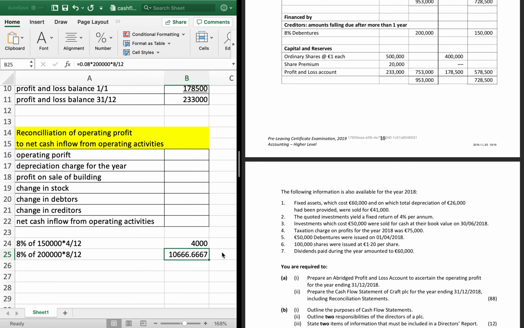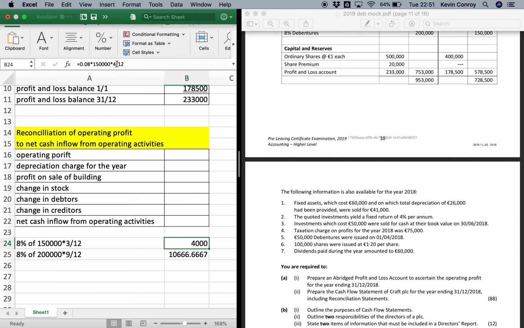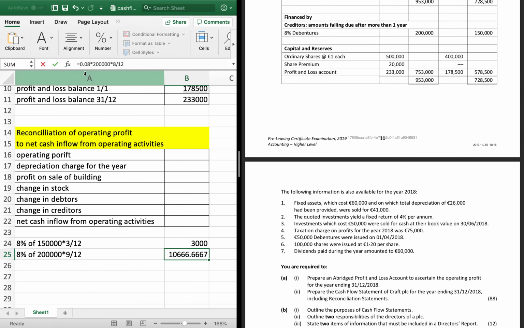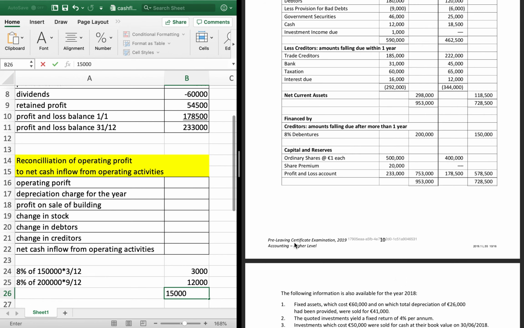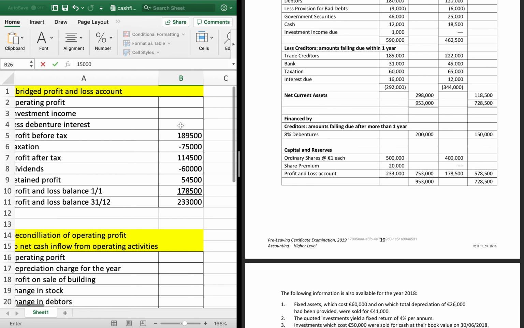Sorry, it should be 3 and 9. That's a terrible mistake. You issued them on the 1st of the 4th, so you had 3 months there and then 9 months here. That makes it a little bit more user friendly. So that's 15,000 in total. Obviously just take care of the dates, or you'll end up making stupid mistakes like me. So 15,000 anyway.